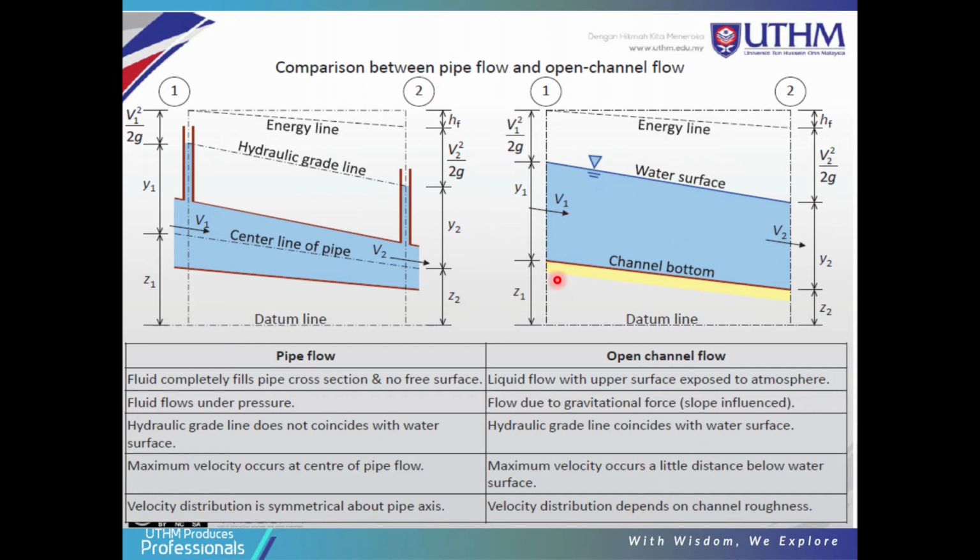So this is the difference between pipe flow and open channel flow. If in your final or in a test you are asked to list some differences between pipe flow and open channel flow, you can list this theory. You can also sketch the figure comparing pipe flow and open channel flow.